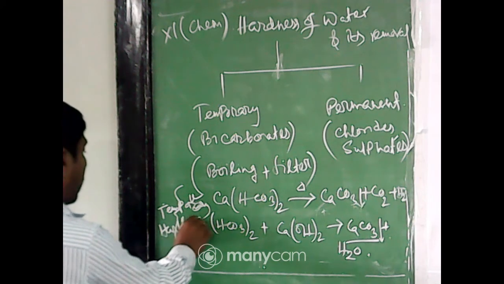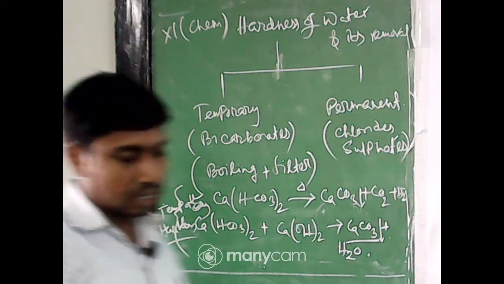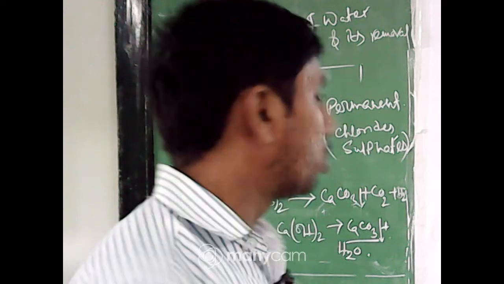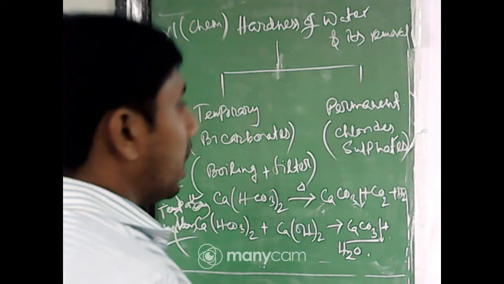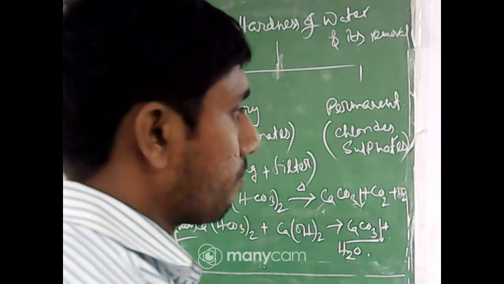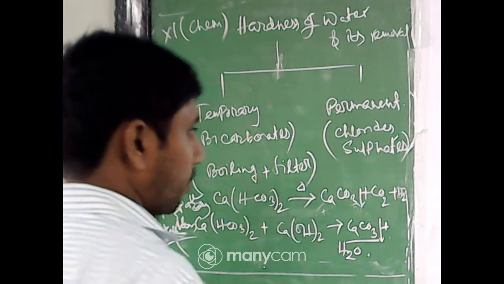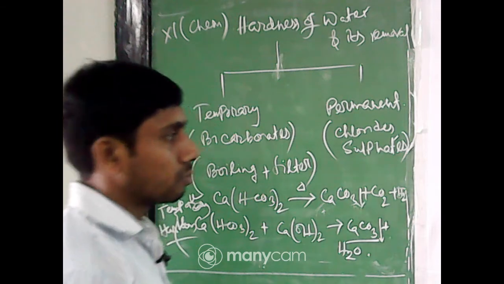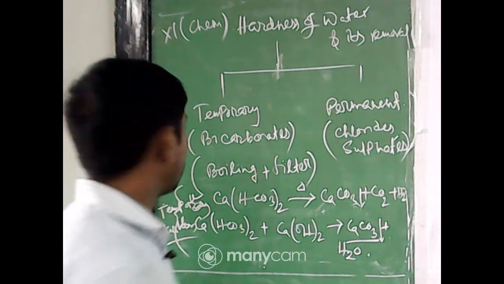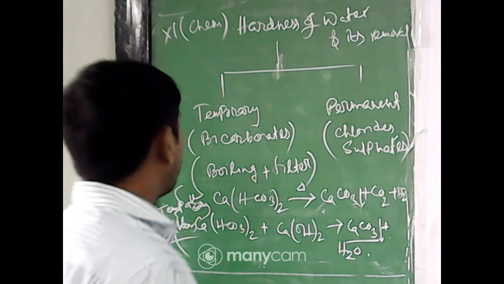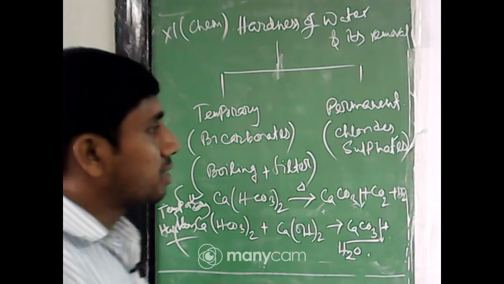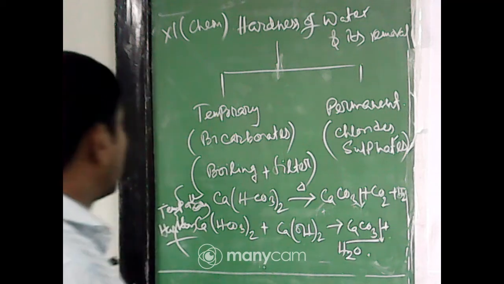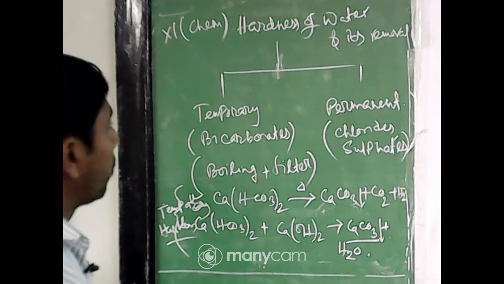You may get a question asking you to describe one method to remove temporary hardness. So I am repeating from the first. Today's topic is hardness of water and its removal.